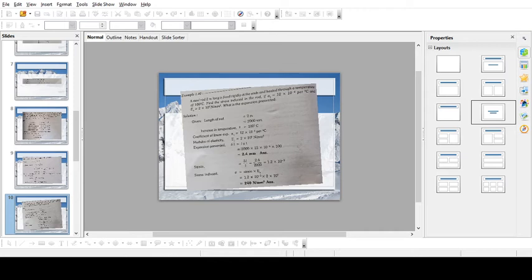The coefficient of linear expansion of this copper bar is 18 into 10 to the power minus 6 per degree centigrade. So given areas, area of steel AS equals 6 into 10 to the power 3 mm square. Now the area of copper bar is 4 into 10 to the power 3 mm square. The length of the bar is 1.5 into 10 to the power 3 mm.